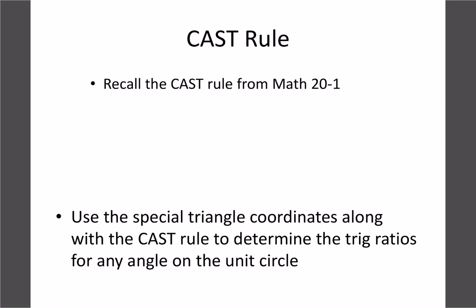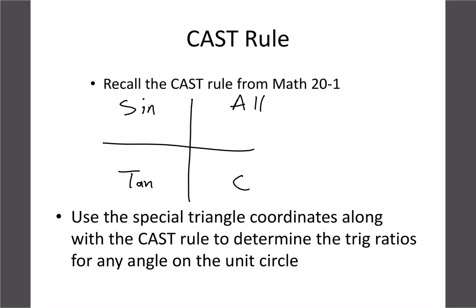As long as you remember those, all you have to do is take the reciprocal of whatever the coordinate is. One other thing to remember is the CAST rule. Remember the CAST rule in Math 20, we labeled the quadrants like that. In quadrant 1 all things are positive, in quadrant 2 just the sine is positive, in quadrant 3 just the tan is positive, and in quadrant 4 just the cosine is positive.